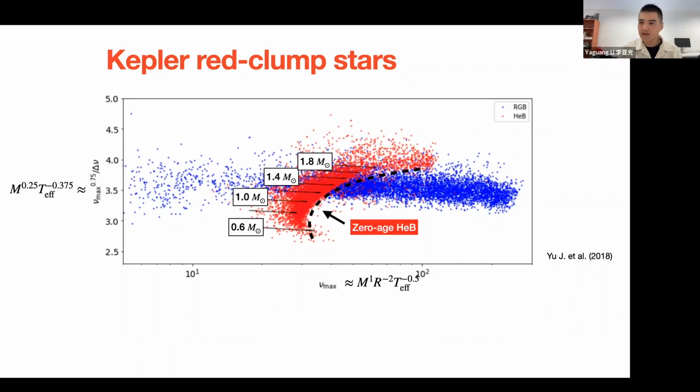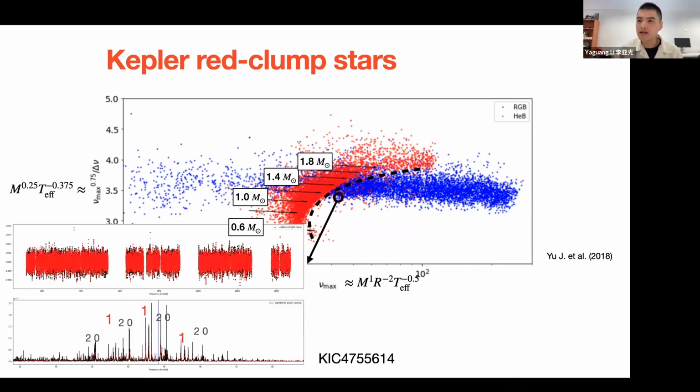And I said earlier that stars will evolve leftwards. So here I plotted some evolutionary tracks with various masses. And as you can see, overall, the theoretical evolutionary tracks describe the observational sample pretty well.